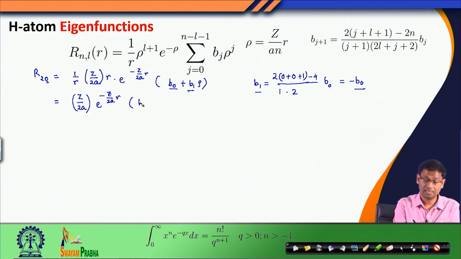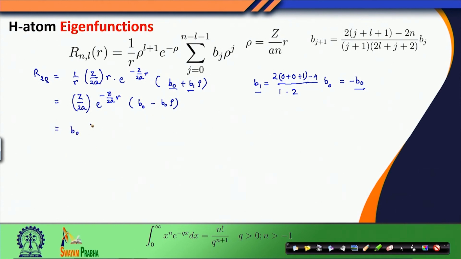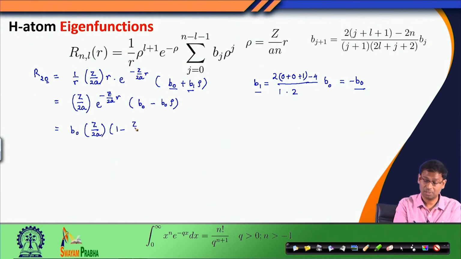So, therefore, I write here B0, and in place of B1 I write minus B0 rho, and now I can remove this B0 out of this, and I have z over 2a times 1 minus rho, and I can put this rho as z over 2a r, e to the power minus z over 2a r.